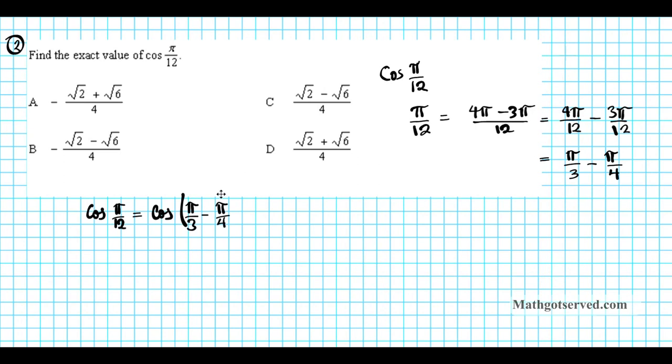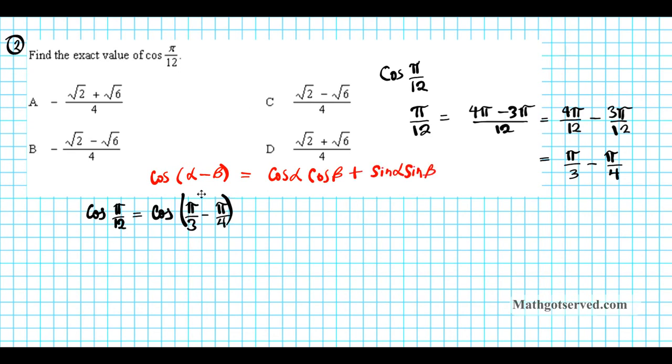Okay? All right. Now, we're going to determine what identity we're going to be using here. So since there's a difference and there's a cosine, we're going to be using the difference identities for cosine. So cosine alpha minus beta, if you remember what it is, it's cosine alpha cosine beta plus sine alpha sine beta.